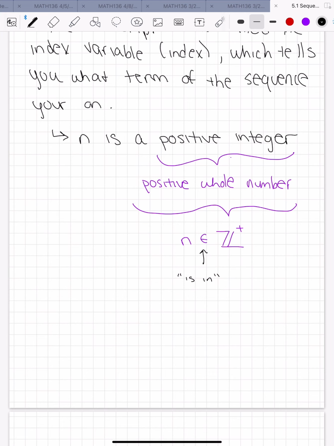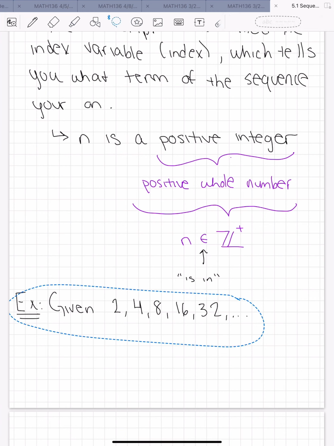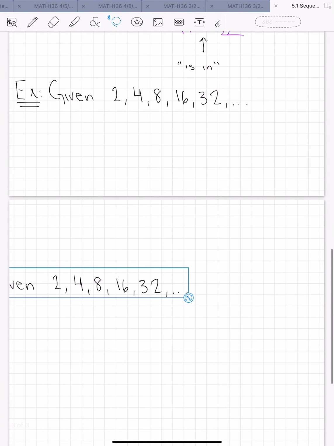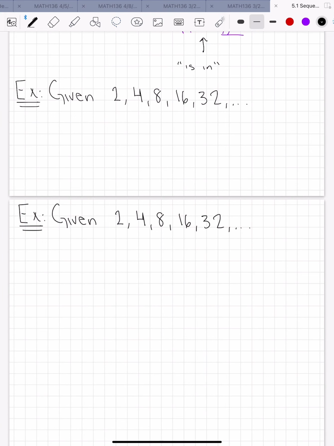So let's look at an actual example of a sequence. Let's say we were given the sequence 2, 4, 8, 16, 32, and so on. I'm going to bring this onto the next page to give me some more space. Like I said, the first term, A1, is 2 in this case.